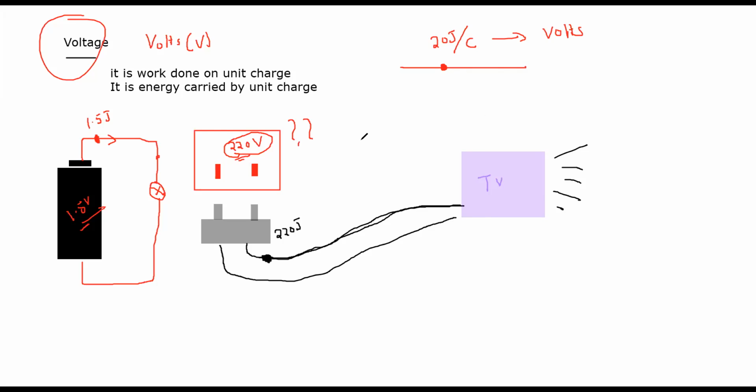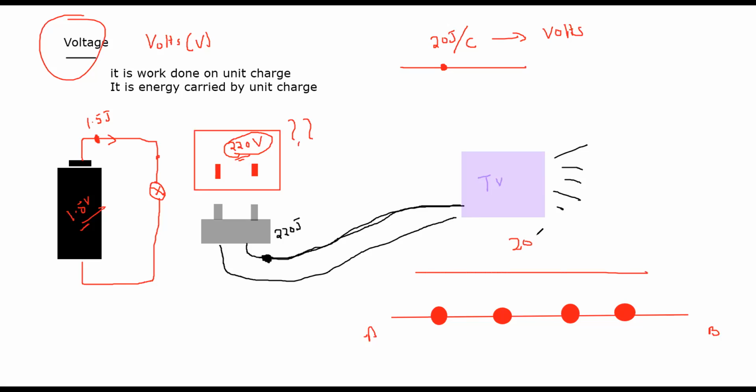For example, if you have a wire and there are 4 charges moving through the wire from point A to point B, and in total they take 20 joules of energy, how much energy will one charge carry?